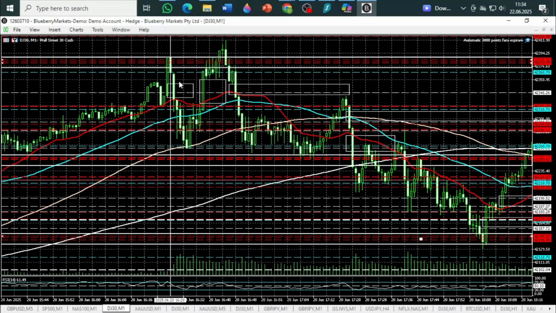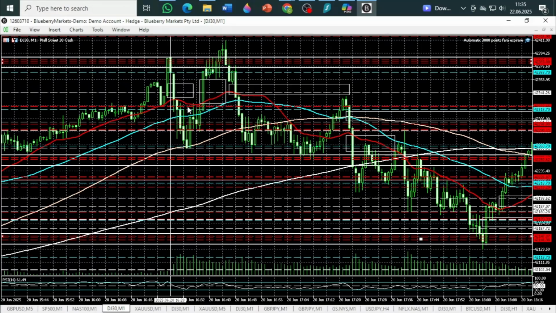We can see a big fair value gap here, a gap between the wick of the upper candlestick and the wick of the lower candlestick. This FVG is a kind of magnet for the future direction of the trend.